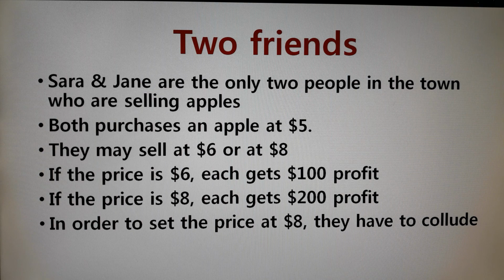If the price is 6 for both, then Sarah and Jane respectively get $100 profit, so the total would be 200. If the price is $8, of course, their profit would increase. Maybe a little fewer people will purchase apples, but still each will get $200 profit, so together the market profit would be 400.